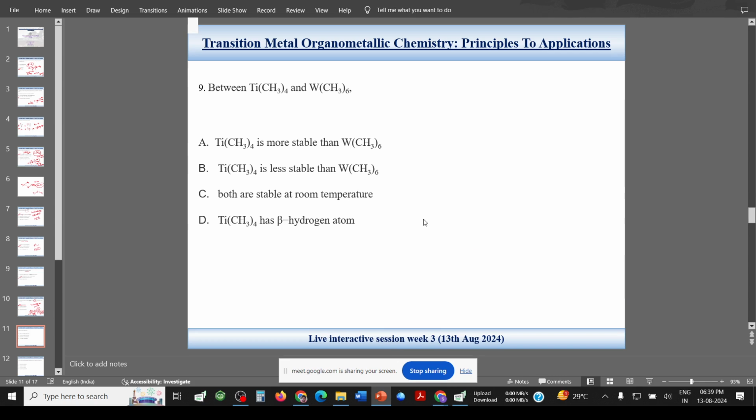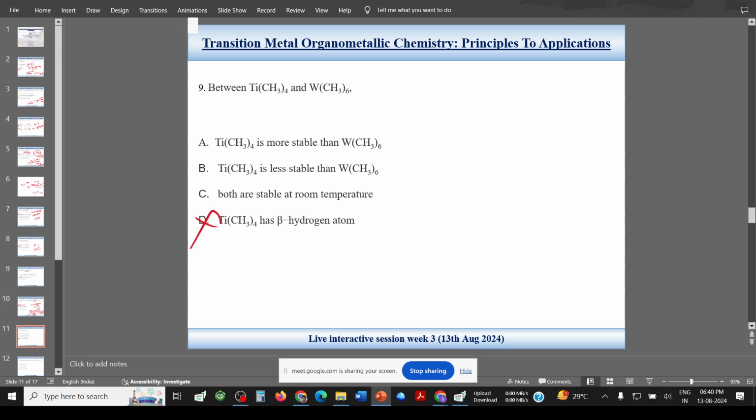This is another question. This is again titanium tetramethyl with the tungsten hexamethyl complex. Again, the stability of both complexes. Is titanium tetramethyl more stable than tungsten hexamethyl, or less stable, or both are stable, or does it have a beta hydrogen atom? Obviously, as methyl is there, there should not be any beta hydrogen.